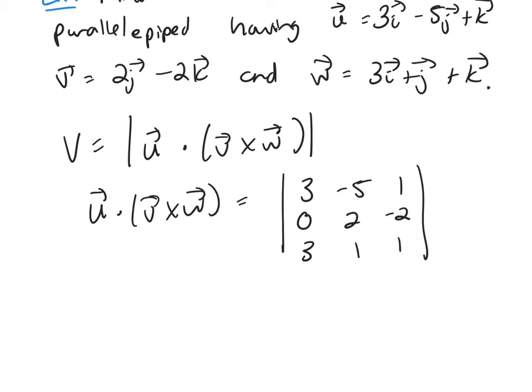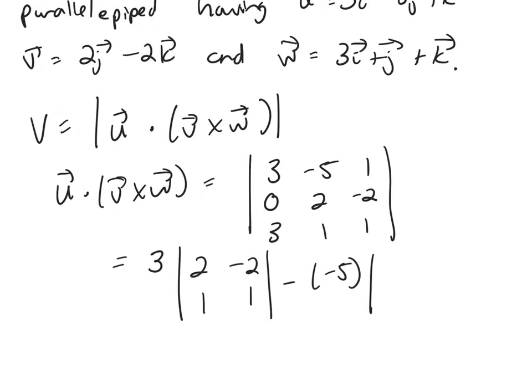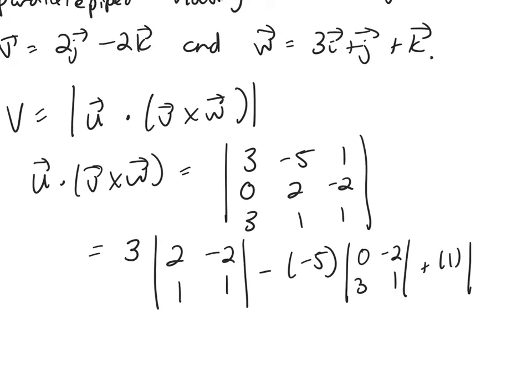You compute this just like you did when you had an i, j, and k here. So it'll be 3 times the determinant after removing the first row and first column, 2, negative 2, 1, 1, minus, now you have a negative 5, remove the first row and the second column, 0, negative 2, 3, 1, plus 1, and now you'll remove the first row and the third column, 0, 2, 3, 1.